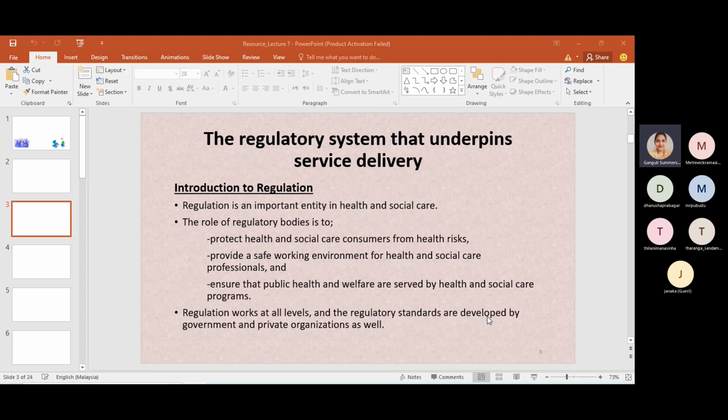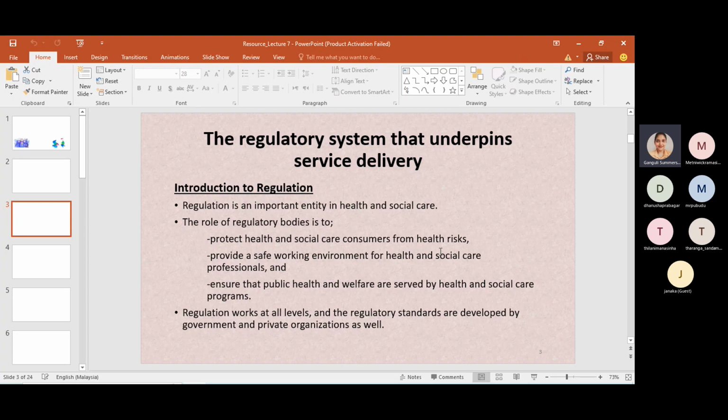What we discuss today is the regulation process done by regulatory bodies. The regulation that we discuss today has a different definition.